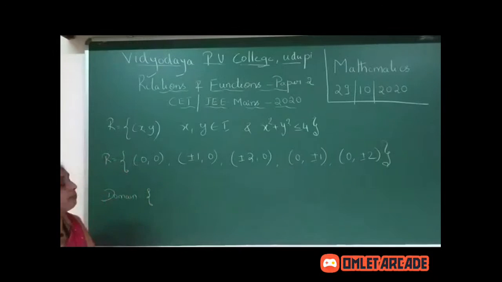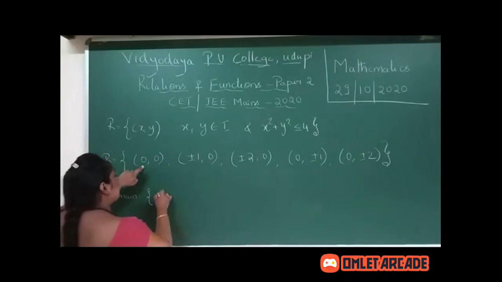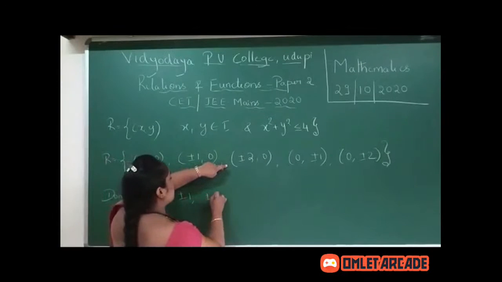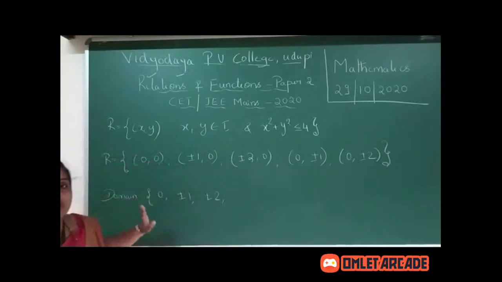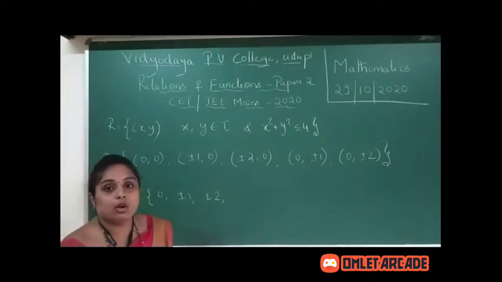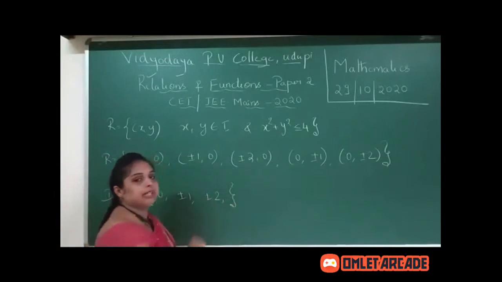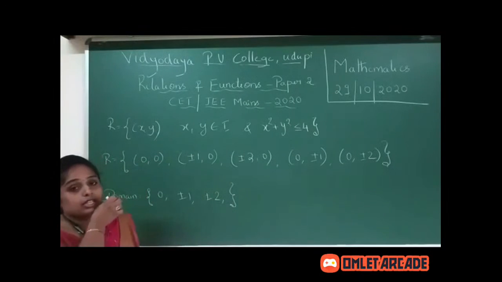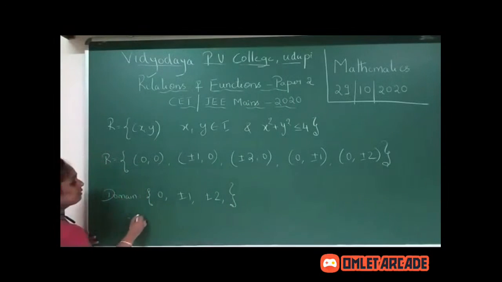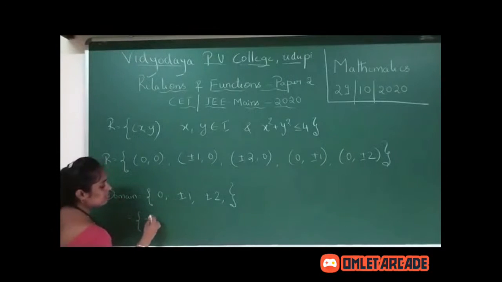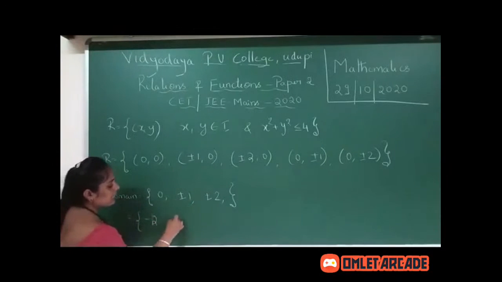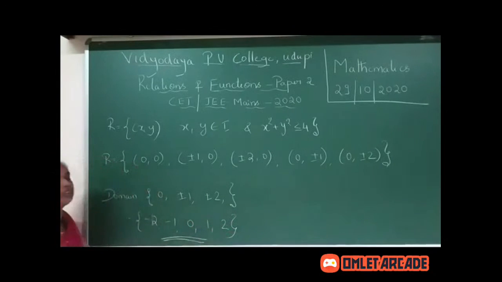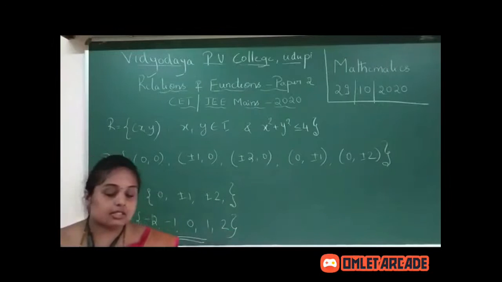So the first elements will be 0, plus or minus 1, plus or minus 2, 0 is already written. So this can be written as minus 2, minus 1, 0, 1 and 2. So here the answer is the third option.